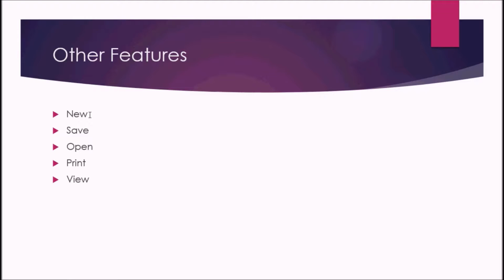If you didn't like what you did before, you can have a clean start. The save option will save whatever you've done to the object inside of the picture box, and you can access it later. The open allows you to import a picture and put it on the picture box in the program. The print, well, that's self-explanatory.